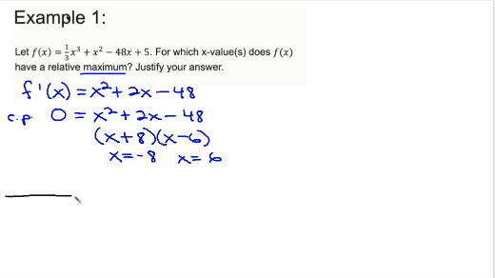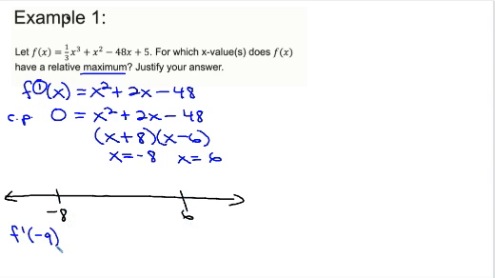So what we're going to do is make a simple number line. We're going to put positive 6 over here, negative 8 over here, and we're going to try values of the derivative to the left and right of these. So we'll try f prime of negative 9, we'll try f prime of 0, and we'll try f prime of 7. F prime of 0 is easy.